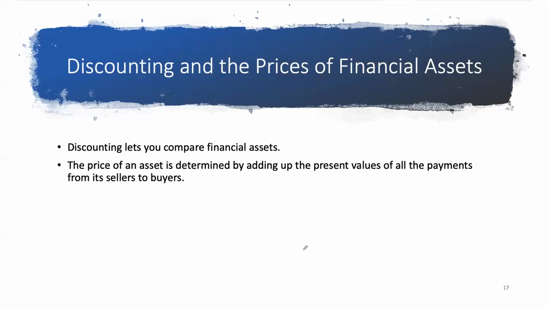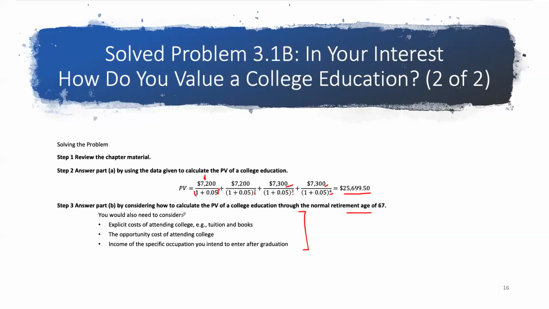All right. So that's the crucial thing about discounting, is that it lets us compare the prices of financial assets, because now, if I know the present value of these different cash flows, right? If I think about these as different payments which are coming through at different points in time, this is basically kind of a financial asset.